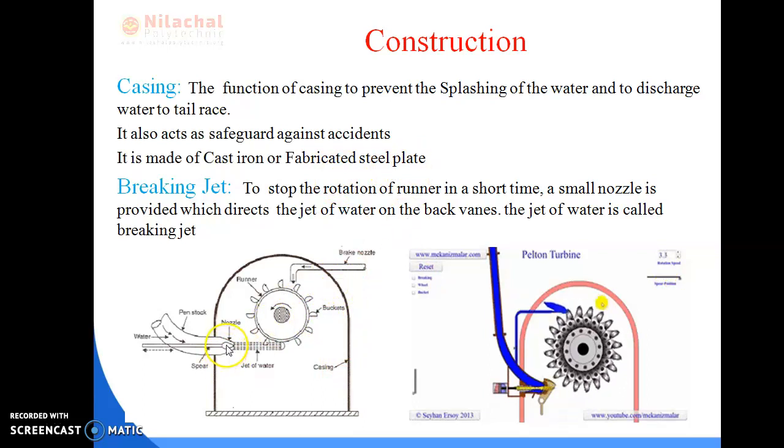It is provided with a nozzle, and also there is a brake nozzle. Brake nozzle means a braking jet. So what do you mean by braking jet? As the water from the outlet of the nozzle is at a higher velocity, this high velocity water strikes upon the buckets of the runner, due to which the runner rotates the shaft at a much higher than normal speed.